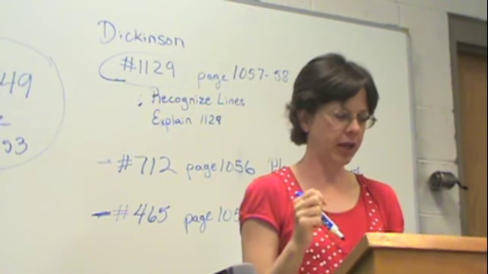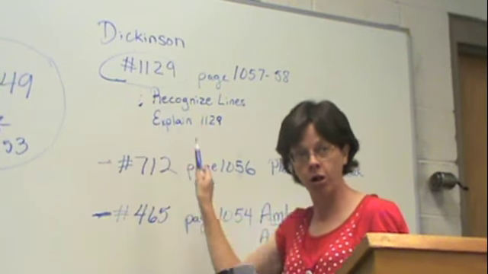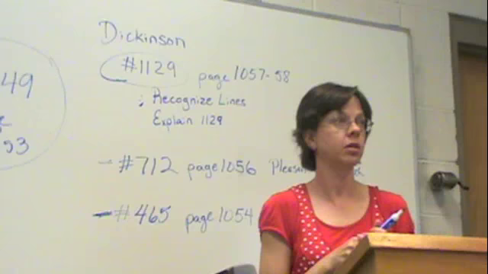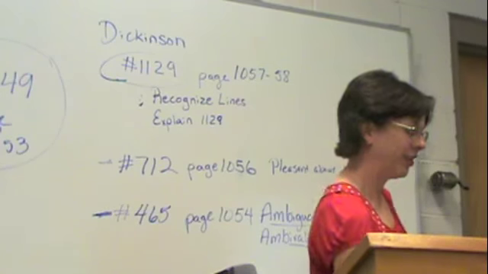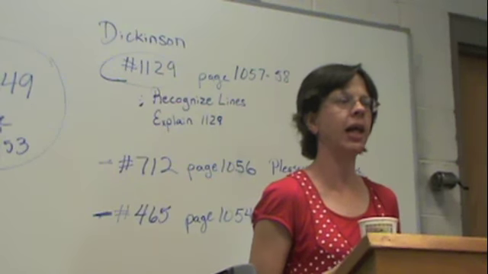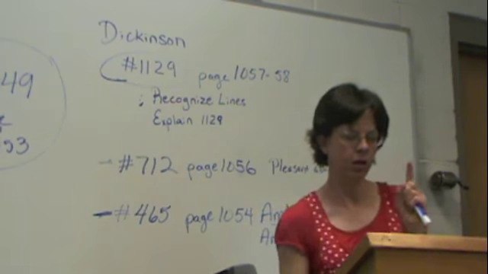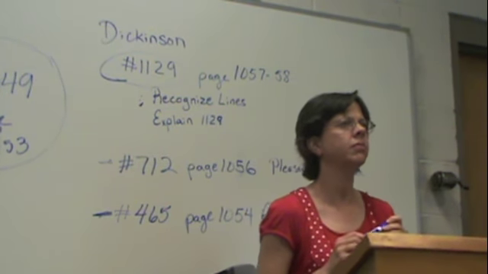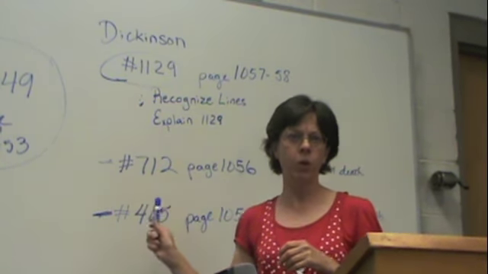So that's, okay. And you need to be familiar with lines from all of these. Lines from all of them. You need to know them. Can we bring our book? No. You can't bring your book, but I will give you lines from the poems.